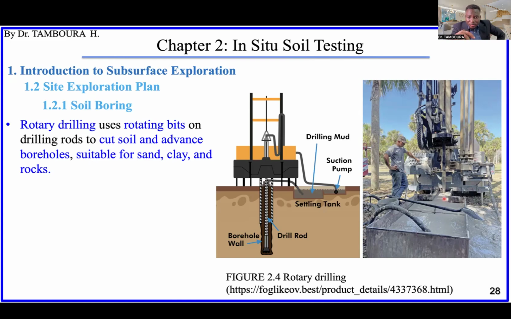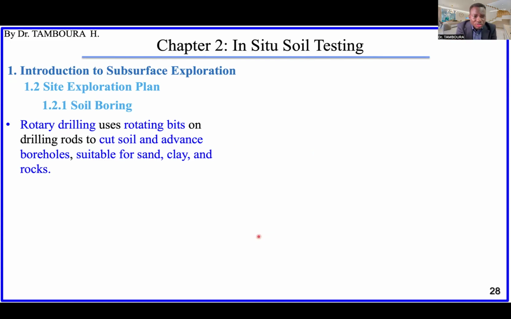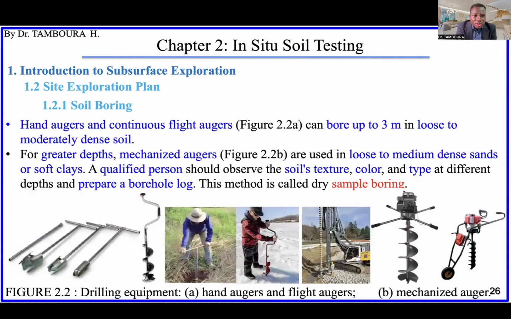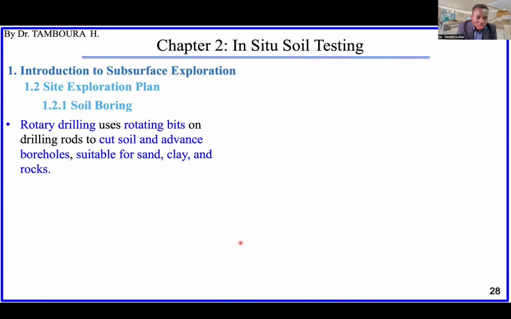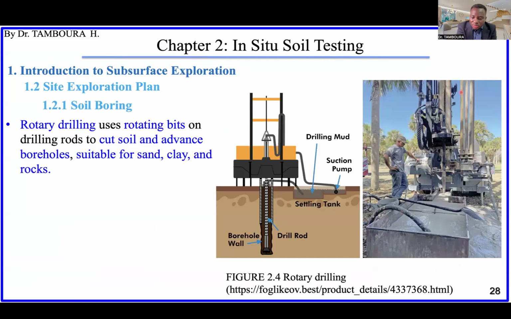Because if you have rocks on your side, you cannot do this kind of method. You cannot use this hand auger. Impossible. So if you have hard soil, these are the methods we are using.